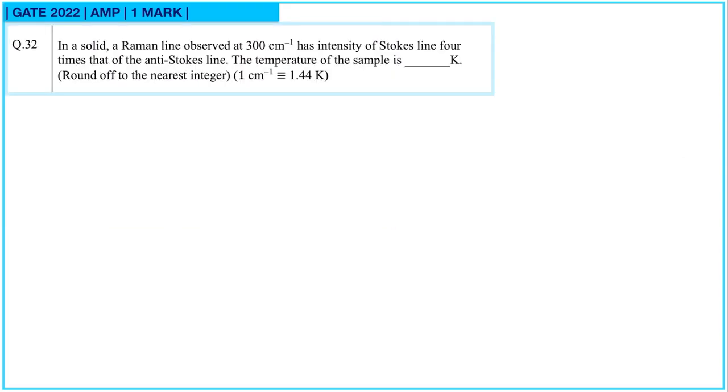Next question. In a solid, a Raman line observed at 300 centimeter inverse has intensity of Stokes line 4 times that of anti-Stokes line. The temperature of the sample is. Now intensity of Stokes line upon intensity of anti-Stokes line is equal to e raised to h nu by kT.